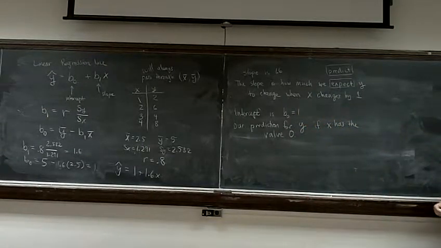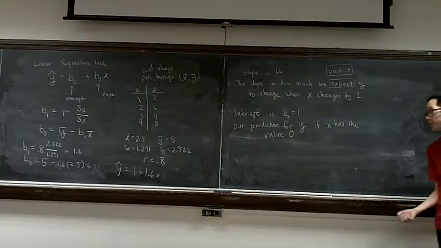Sometimes it does not make sense for x to have the value 0, so then the intercept would not have a meaningful interpretation. But sometimes it's okay to have x to be 0.